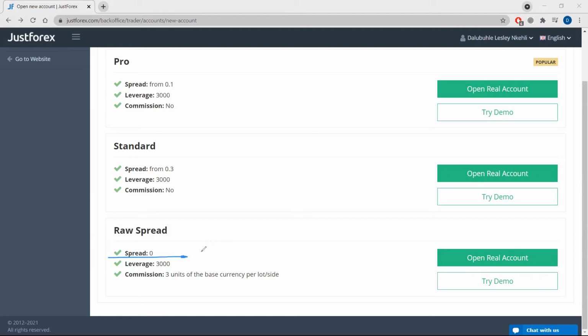So if you want to properly trade those events, you're going to have to do that. But a raw spread account, usually they're going to charge you commission instead of a spread. I'm still going to explain what a spread is so that you understand. It also has some restrictions as well.